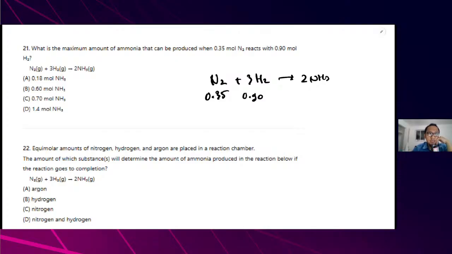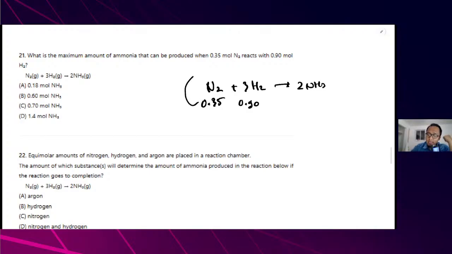So 0.35 mol N2 needs what? 0.35 times 3, 1.05 mol H2.